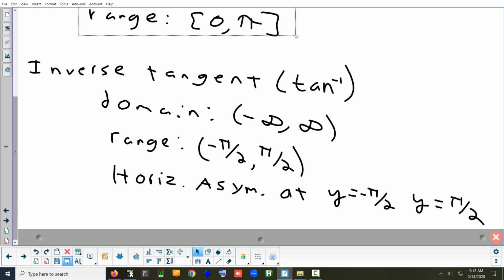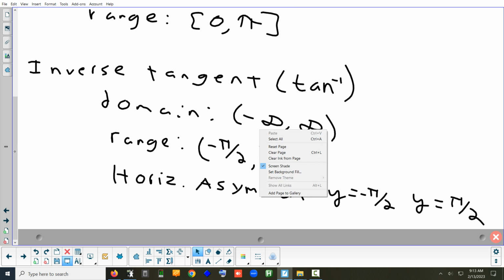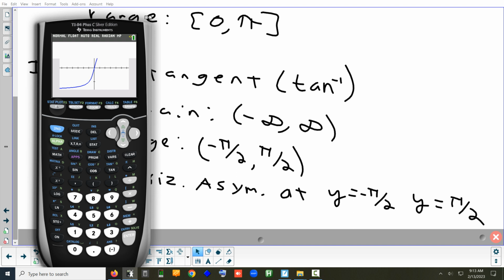With inverse tangent, you probably wouldn't see a blank screen only because the domain is all real numbers. Since this graph goes left and right forever, you're probably going to see something because it's so big. But inverse sine and inverse cosine are really pretty small pictures. Very, very small. In fact, I can show you that just by doing inverse sine x.